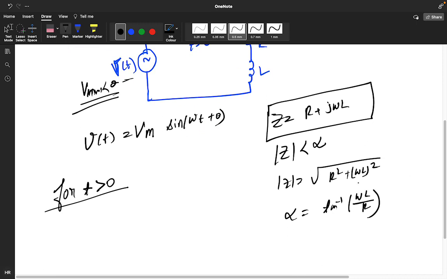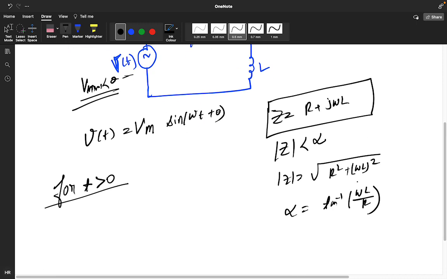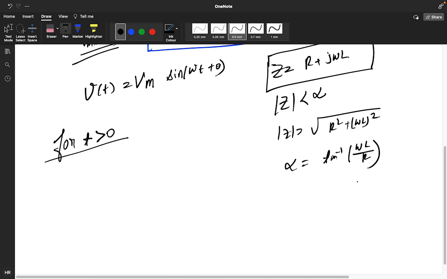We cannot do short circuit or open circuit because we have a frequency.